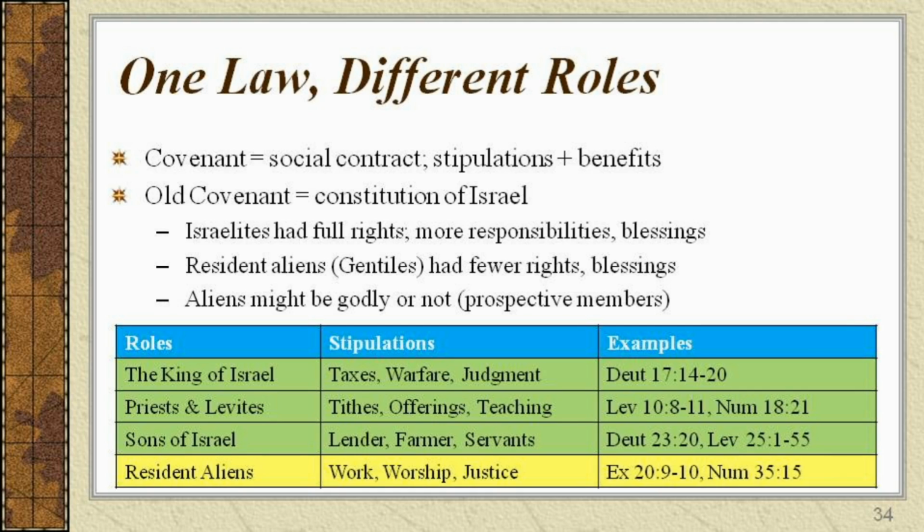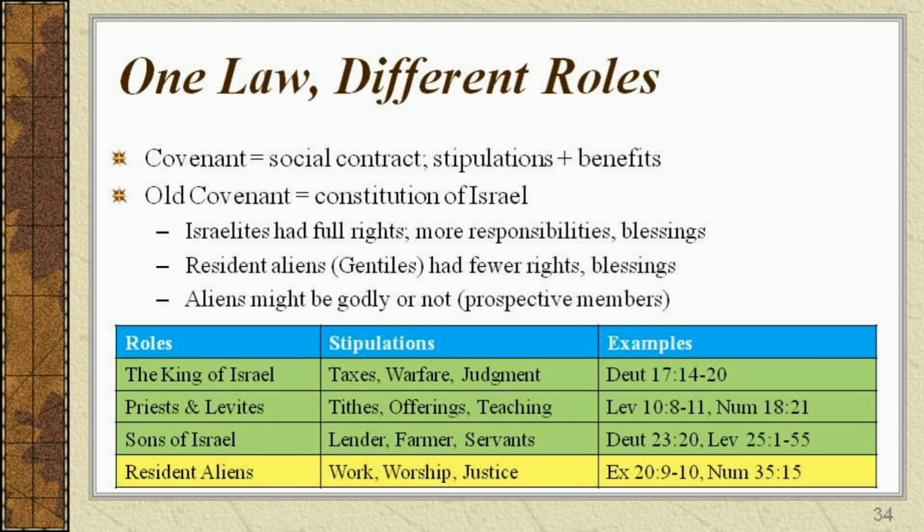There were also penalties that had to be paid if one particular party failed to meet these stipulations and breached the contract. When God brought the children of Israel out of the land of Egypt, He established them as His chosen nation. Therefore, the Old Covenant was the constitution of the nation of Israel.